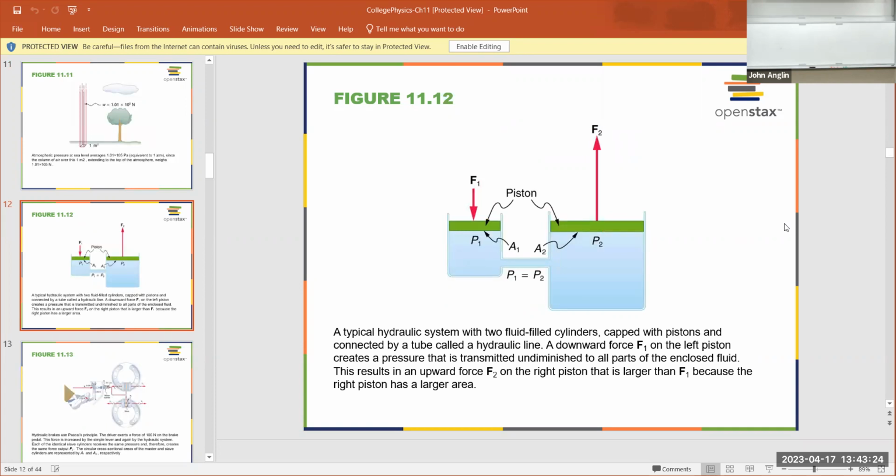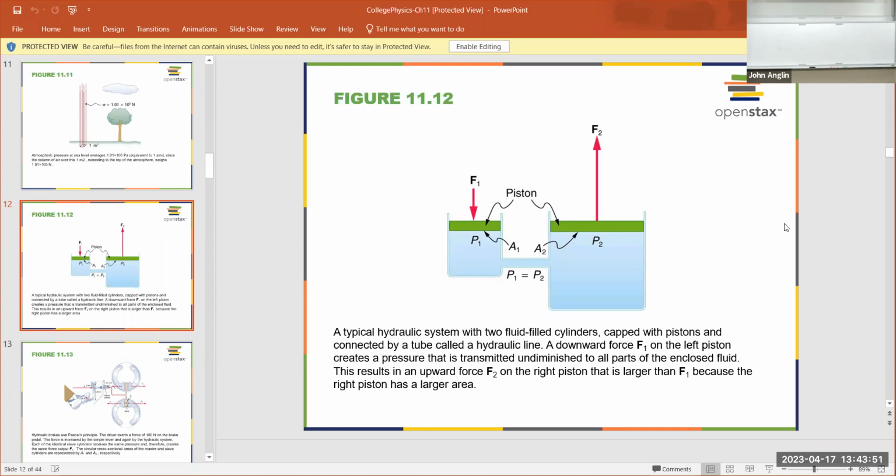This is an example of using the concept of equilibrium and pressure together to do work. Remember what work was? Work is force times distance, right? Well, we know that pressure and force are very closely related. So in this example, here's what we have.